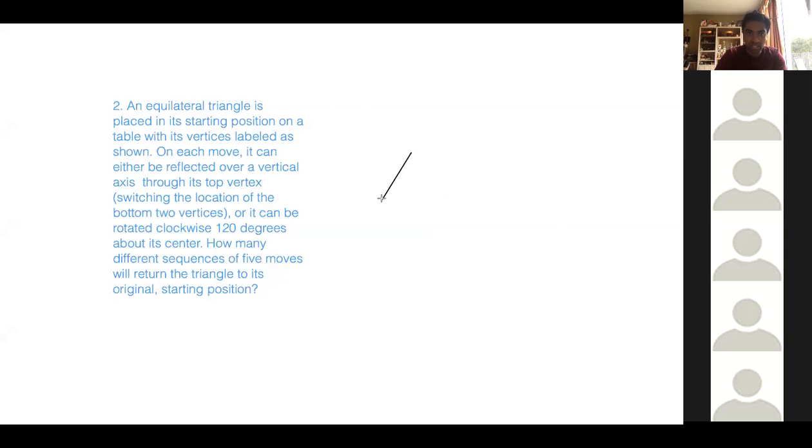So you can do either at each step a reflect or a rotate. Let's draw a triangle here. One transformation is ABC. If you reflect it, switching the location of the bottom vertices, it becomes ACB.